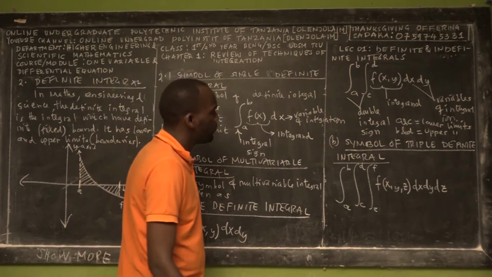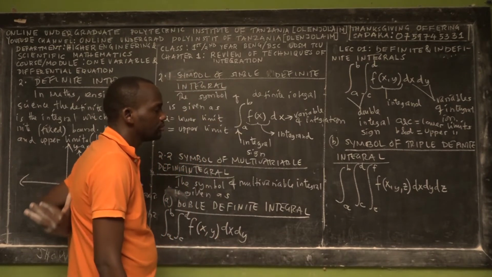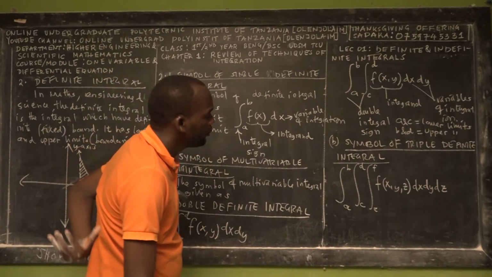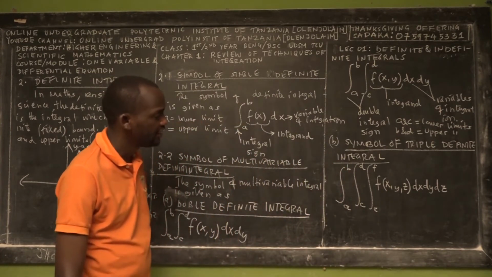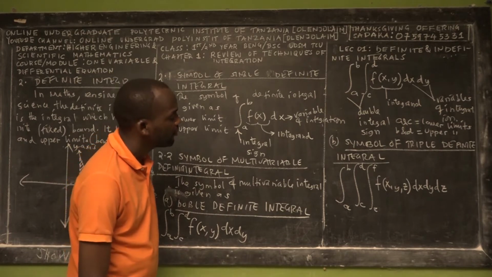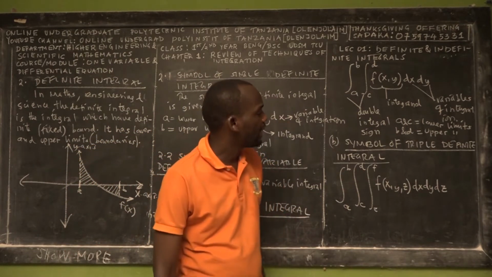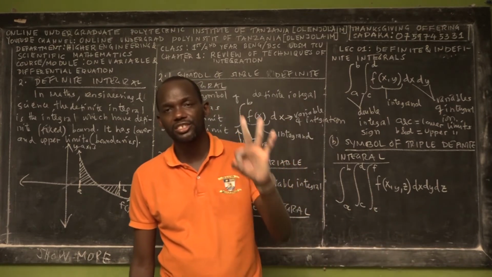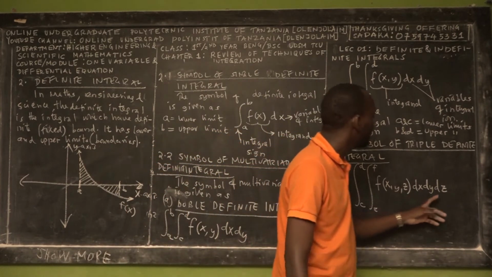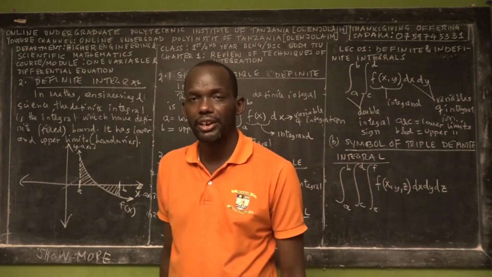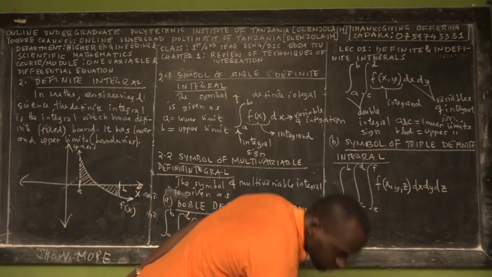Okay, so this is the triple finite integral function. If you analyze this symbol, we have 3 integral signs, 3 lower limits, 3 upper limits, an integrand which depends on the 3 variables x, y, and z, and we have 3 variables of integration.